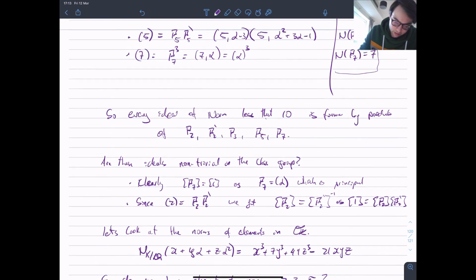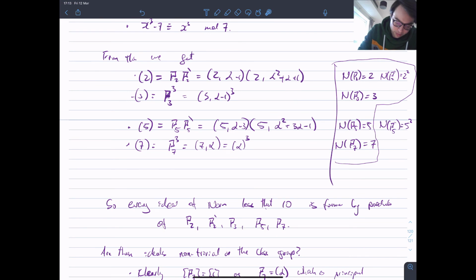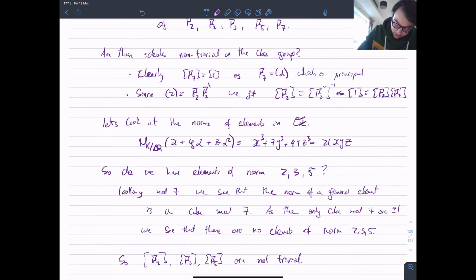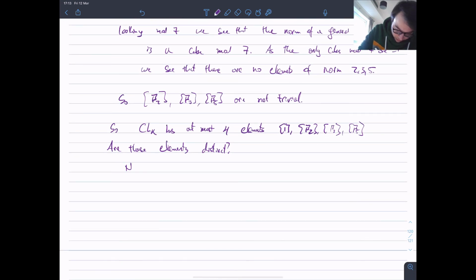The first thing to note is, for example, the ideal P3. We know that when we cube it, it becomes the ideal 3. So whatever P3 is, it's going to have order 3 in the class group, because when it's cubed, it becomes a principal ideal.